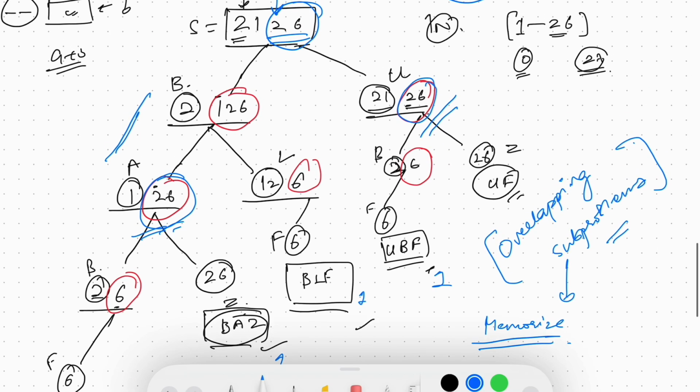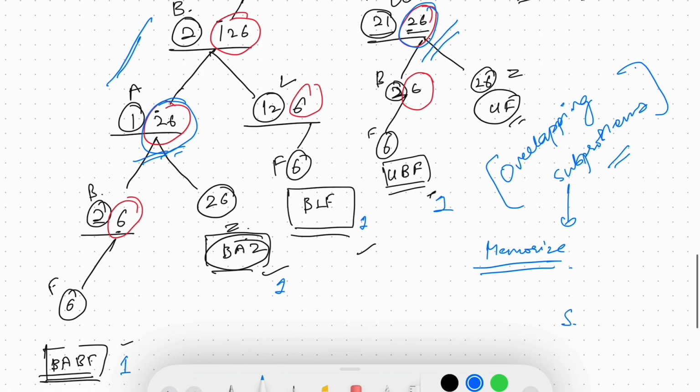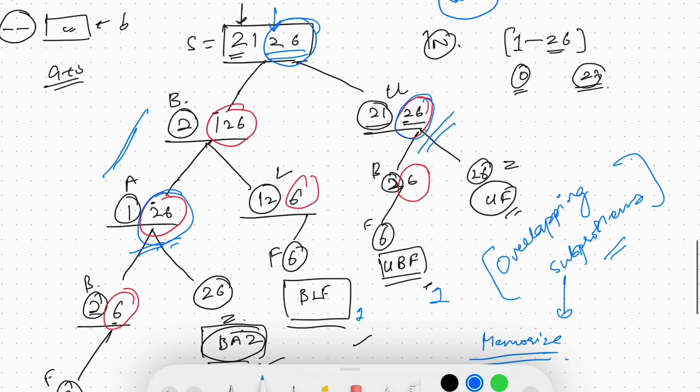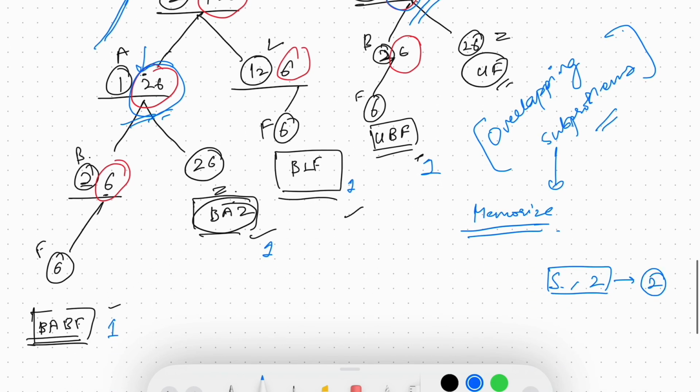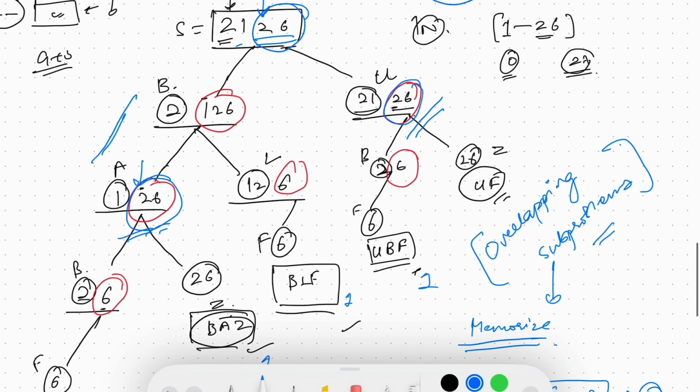So if we memorize that for our string, if we are starting from index 2, can we get the answer, and how many answers we can get? Let's say if we are starting from here from 2, we can have 2 answers. This we will memorize and use in our answer.